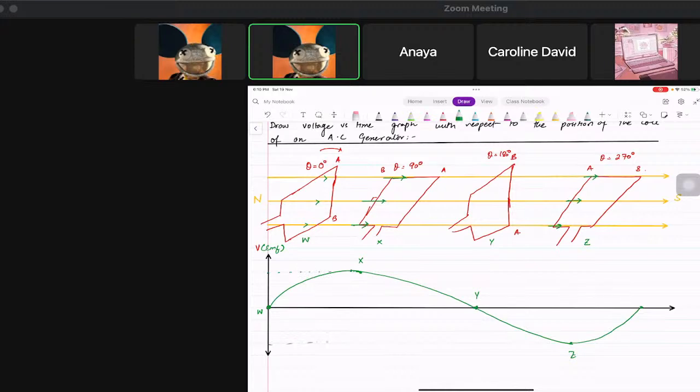Because it's changing, B was here initially and now A is here, so it has moved. That change opposes the current, that's why the direction of the current changes, right? So it was positive first and then it's negative. That is why this will generate an alternating current.